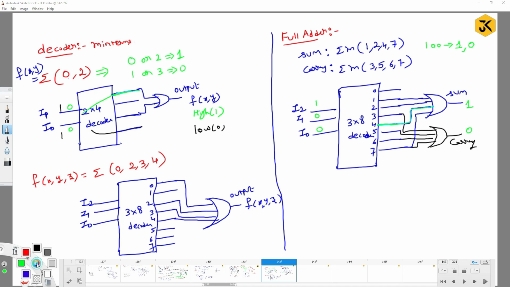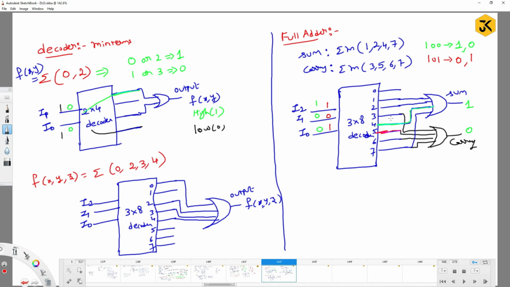Similarly, if you go for 1, 0, 1, what is the output? 1 plus 0 is 1, 1 plus 1 is 0, and the carry will be 1. If I give 1, 0, 1, the fifth line gets high voltage. So you have to make that clear.